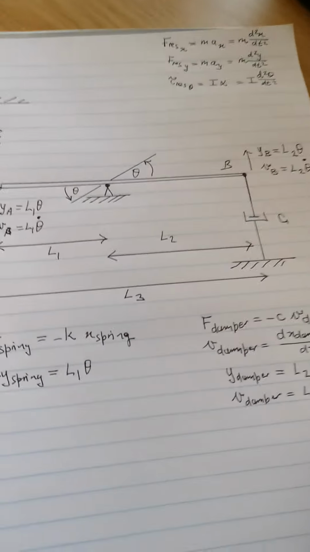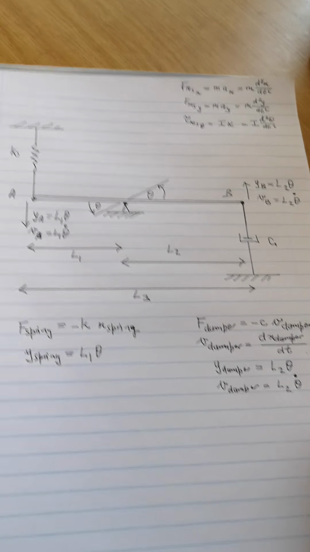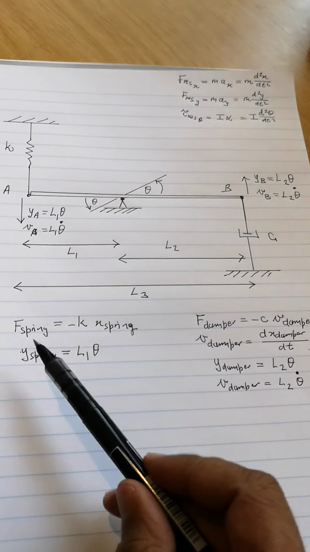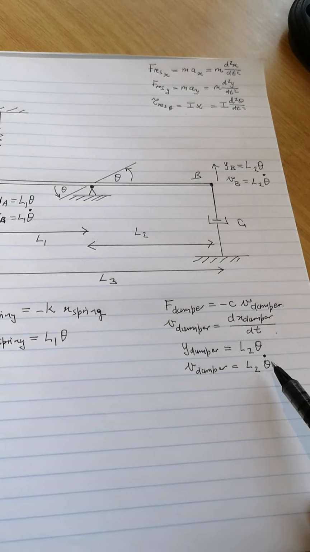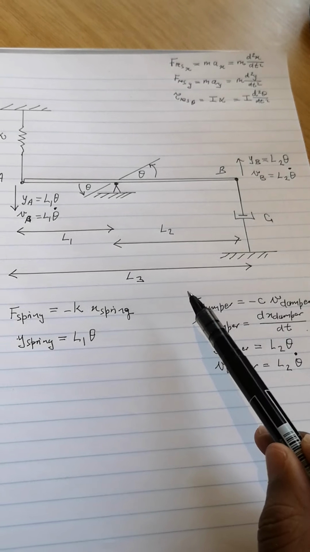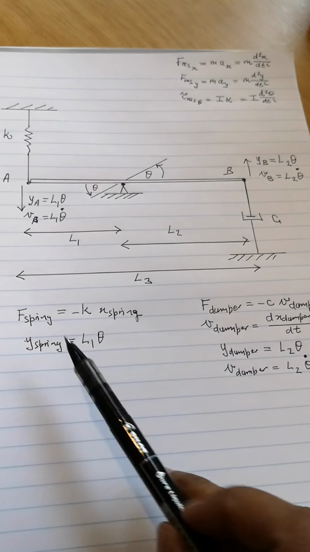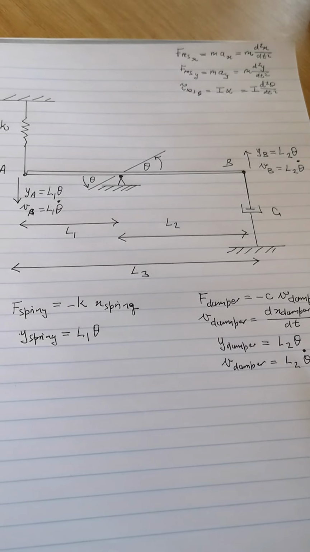So this is our equations that relate the geometry, in other words, the angles and lengths, to the displacement and the velocity. So we'll worry about the directions and the sign notations in just a moment, but for now, let's just work out the absolute values of the spring force and the damping force.